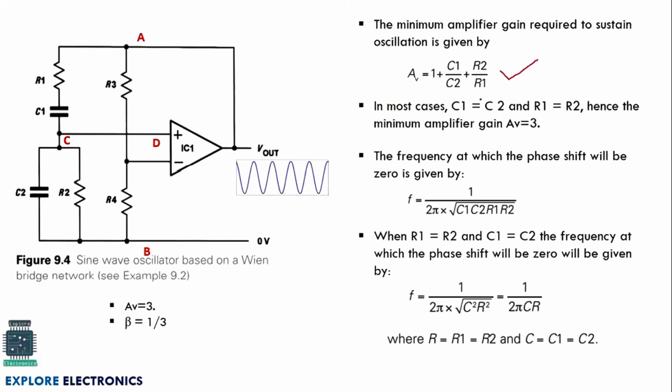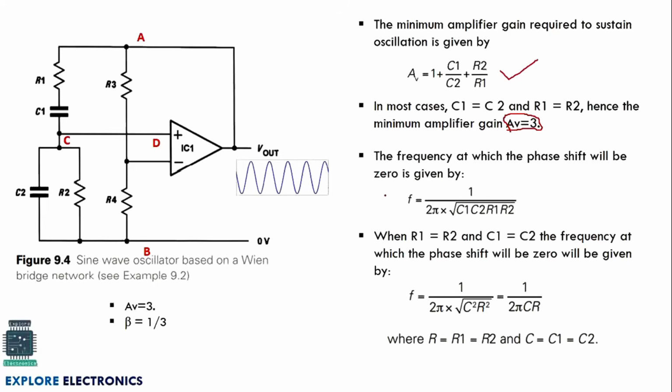Here if we take C1 equal to C2 and R2 equal to R1, the gain of the amplifier becomes 3. So this is the gain of the amplifier by taking C1, C2, R2 and R1 into account, right? And the frequency at which the phase shift will be 0 is this.